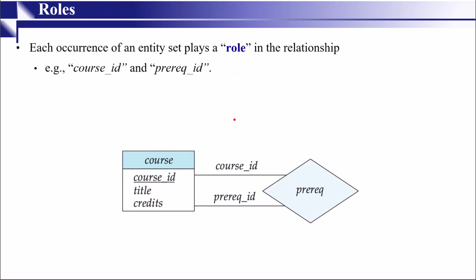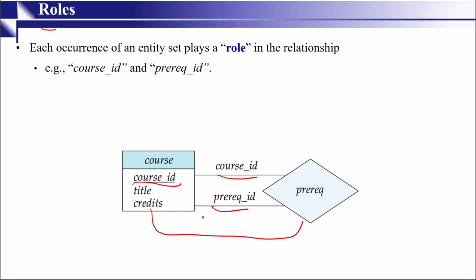Entity set of a relation needs to be distinct. In every relationship, each occurrence plays a role. For example, in here we can see course ID and prerequisite ID in the relationship of course and prerequisite. Prerequisite means when you want to take a course, you must already pass another course.